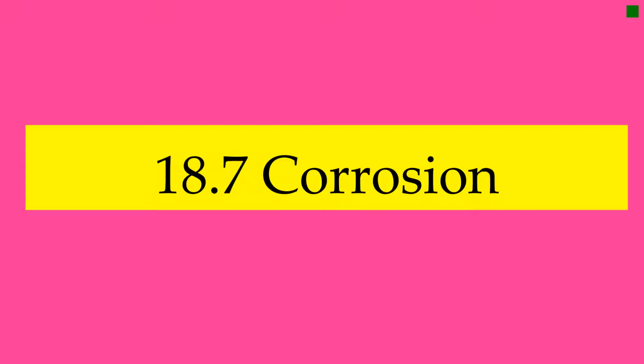You can see it in your garage, in your backyard, outside, on buildings and cars and ships and almost anything. And metals, copper, silver, all those things have corrosion as time goes by.